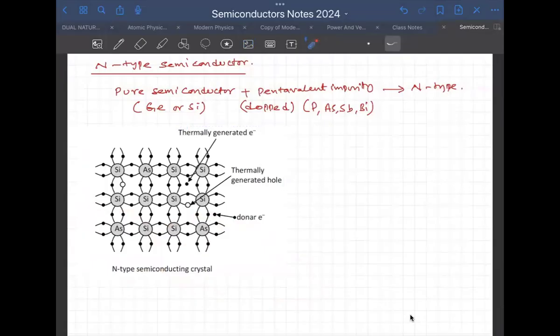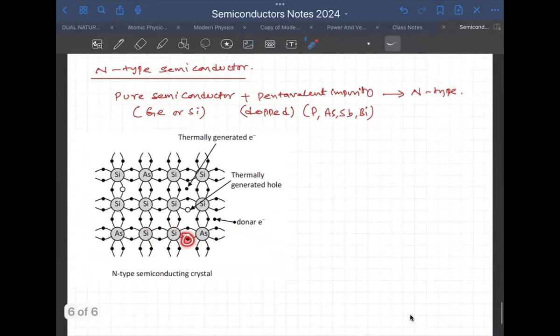Now try to understand, your impurity is already sharing with this: 1 electron, 2, 3, 4. Remember, arsenic has electron, electron, electron, electron, plus one more electron. And this fifth electron is loosely bound. And hence, this impurity atom will donate that particular electron for conduction. And hence, this impurity is called donor impurity.